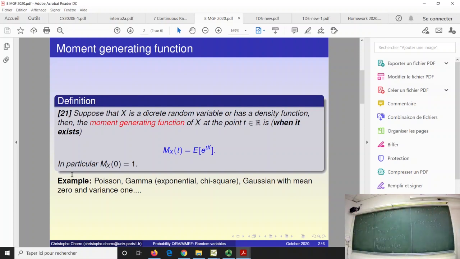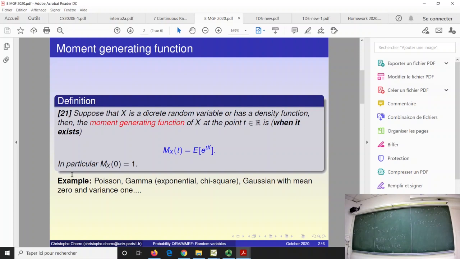It means that once I have computed the moment generating function, to compute expectations I just have to compute derivatives. So you see the interest of such a mapping, because instead of computing integrals, you will have to compute derivatives, for the expectation of x, of x squared, of x to the power 3, and so on.